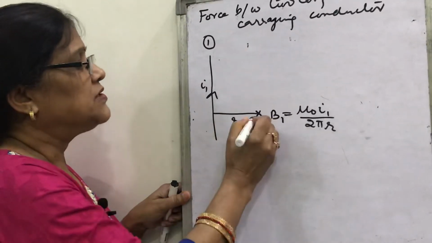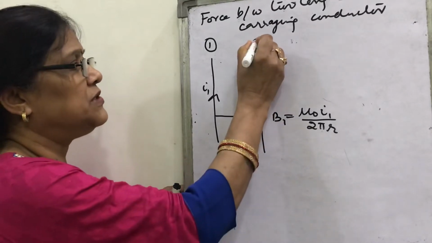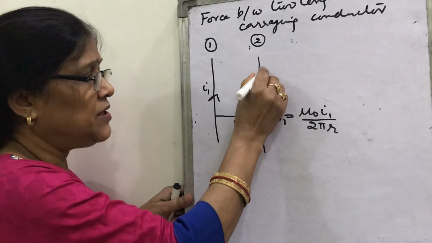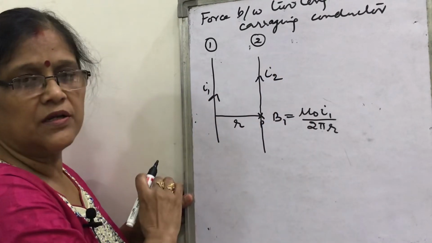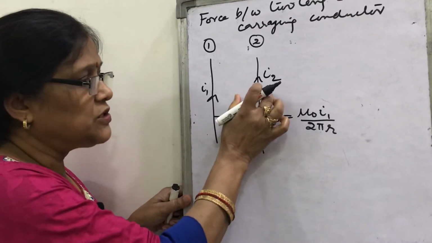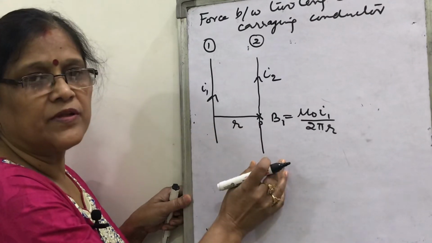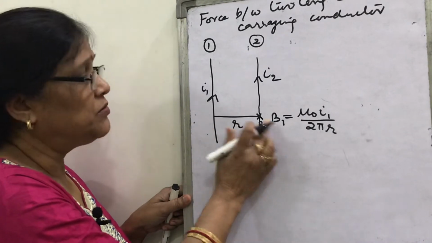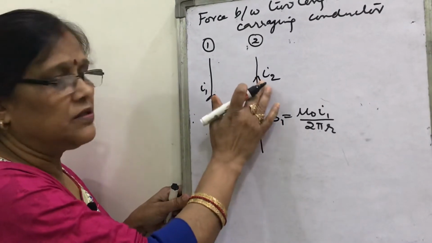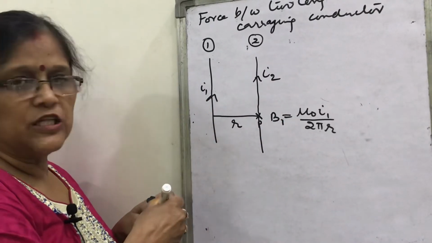If the current in this wire is also in the same direction as I1, now what will happen? This wire is placed in the magnetic field of the first wire. B1 is the magnetic field produced by the first wire. So in B1, the current carrying conductor I2 is placed.